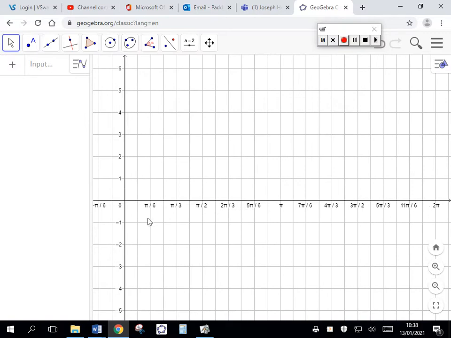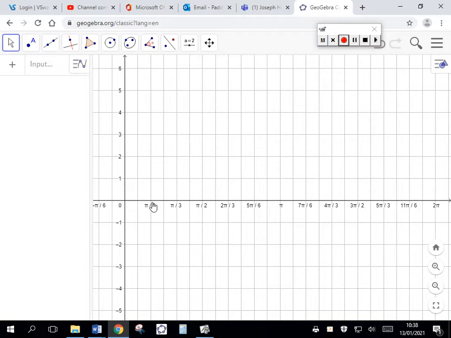So that's good. So you can see special angles in here: pi over 6, pi over 3, pi over 2, 2 pi over 3, 5 pi over 6. In there, that's going to be pi over 4, right? These are going up in, if you like, in degrees. These will be going up in 15 degrees. So 15, 30, 45, 60, 75, 90.